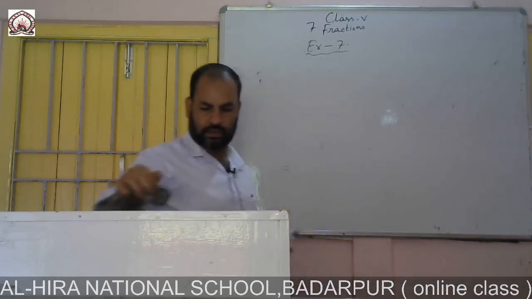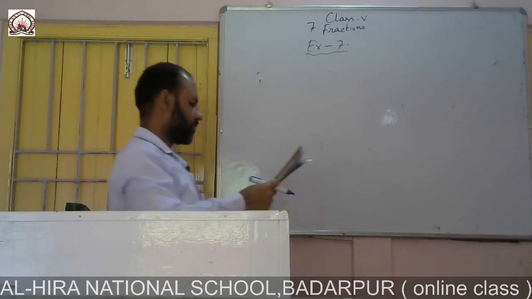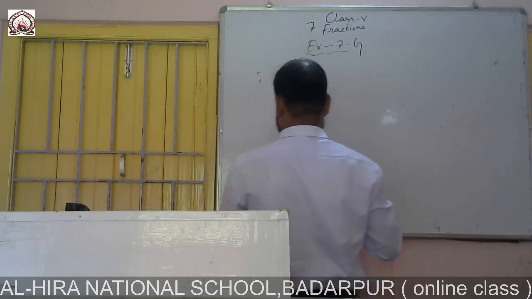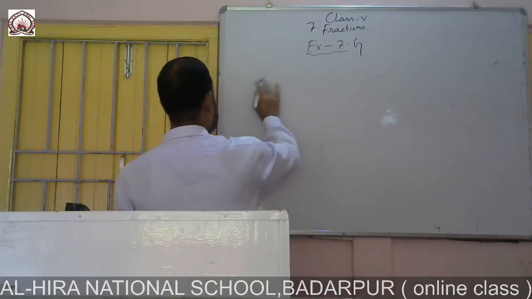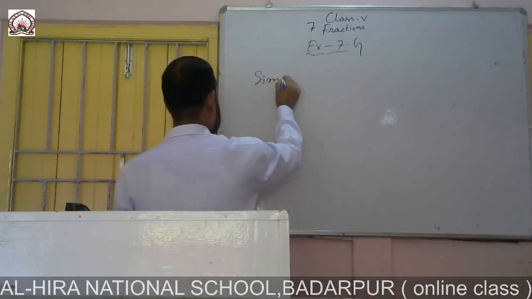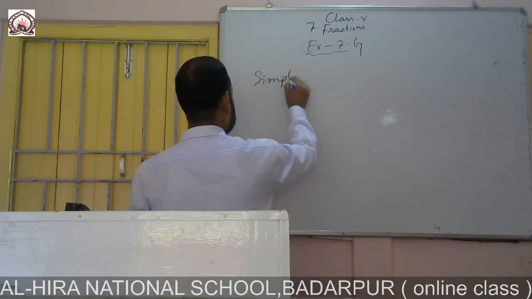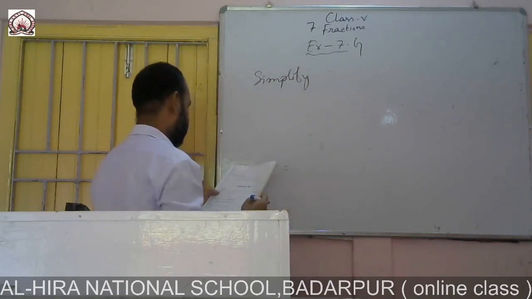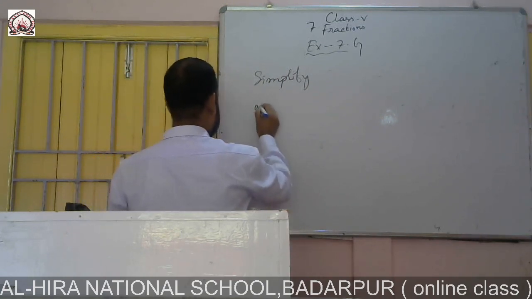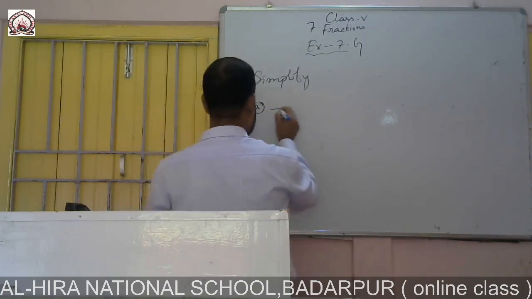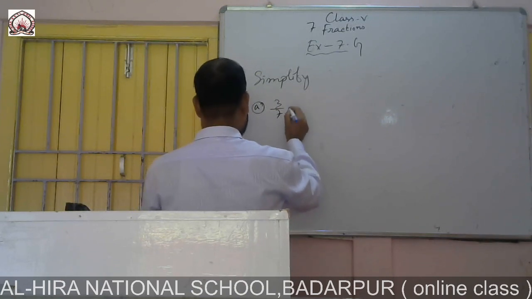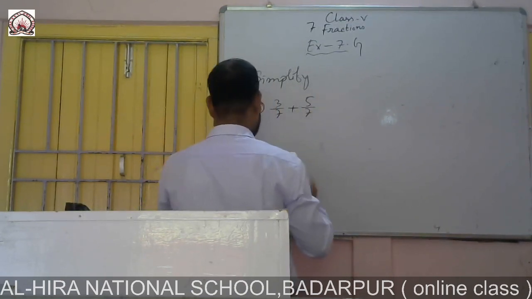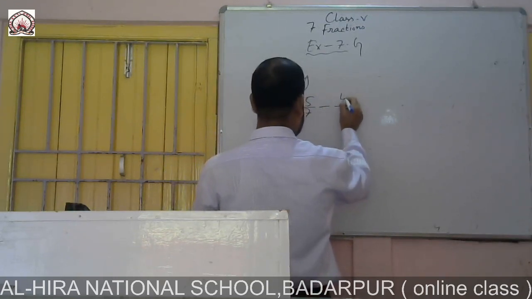Question number, exercise number 7G. Simplify. Question number A, 3 by 7 plus 5 by 7 minus 4 by 7.